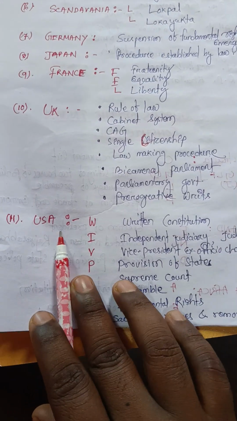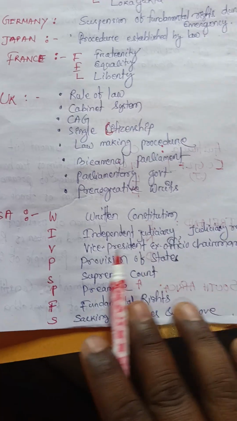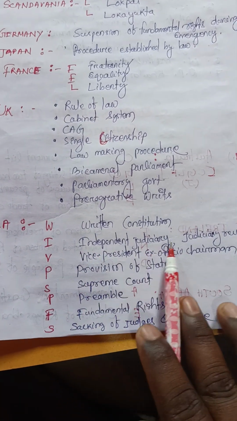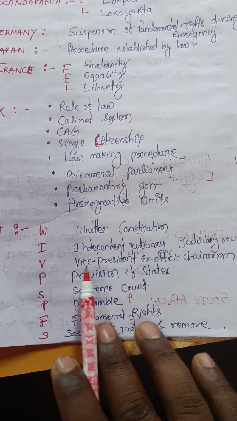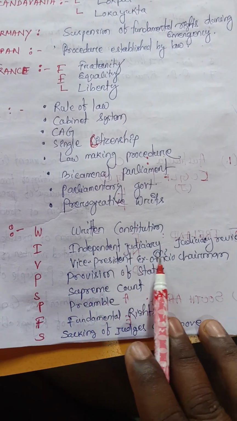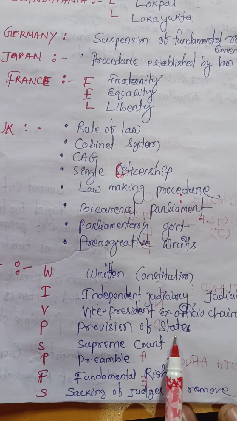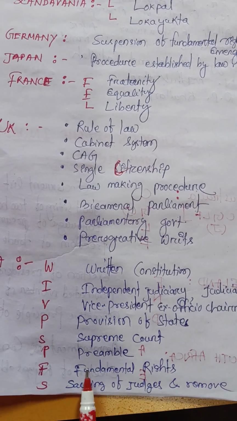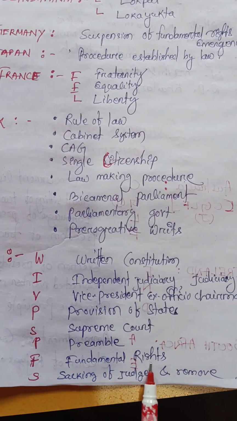If you talk about the USA, we have borrowed the written constitution, independent judiciary or judicial review, the vice president as ex officio chairman, provision of states, Supreme Court, preamble, fundamental rights, and removal of judges and review.